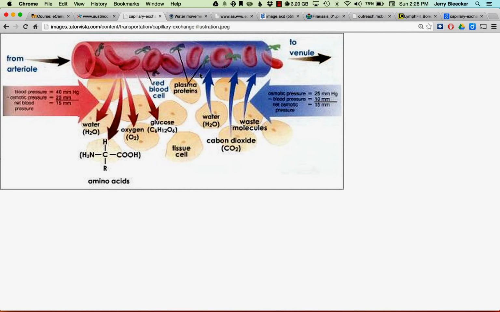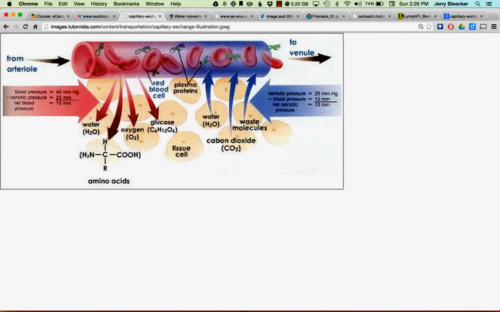Now, on the tail side here, as we're heading towards the venule, what you'll see is the standing pressure is still 25 millimeters of mercury equivalents, but the pressure inside of the blood vessel, as we're heading towards the venule on the far side of the capillary, has reduced. We've lost quite a few things.